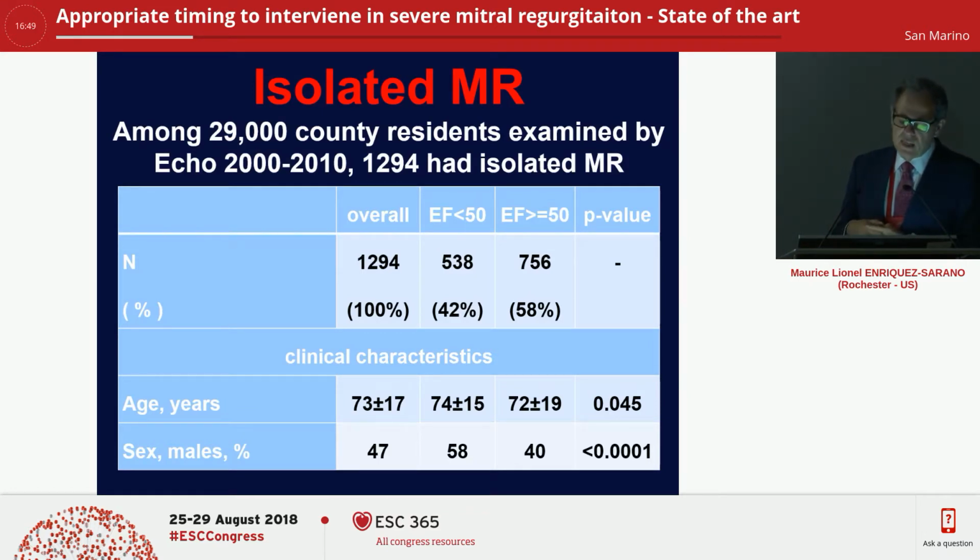The average age at diagnosis is 73. We thought that mitral regurgitation was younger, but it's an elderly population of as many women as men, and approximately 40% have reduced ejection fraction.